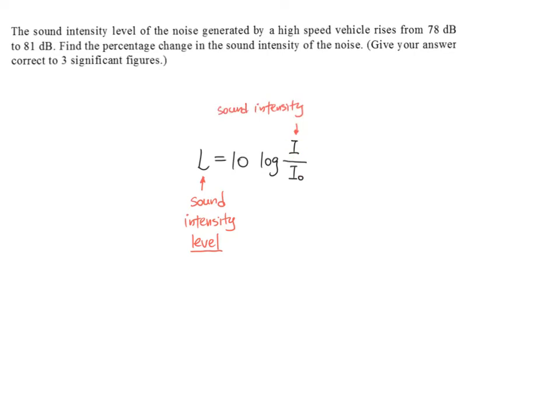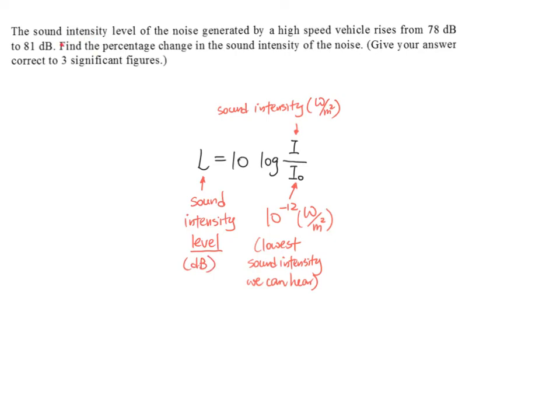I is the sound intensity that we want, and I naught is a fixed constant, and the unit would be watts per meter squared. It's actually the lowest sound intensity that humans can hear. It has the same unit as sound intensity, and it's actually a quotient. It's all relative. After calculation, you get the sound intensity level, and the unit would be decibels.